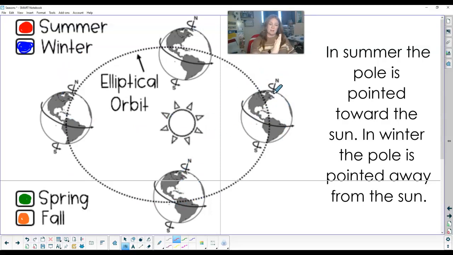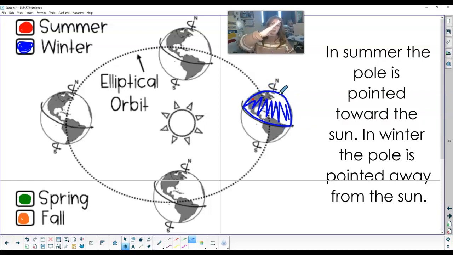So here, I can see we're tipped away. So we're up here in the north. Utah is like right here-ish. And we're tipped away. So if we're tipped away, that means we are actually experiencing winter. So we want to take this part and color it in blue to say this is having winter.